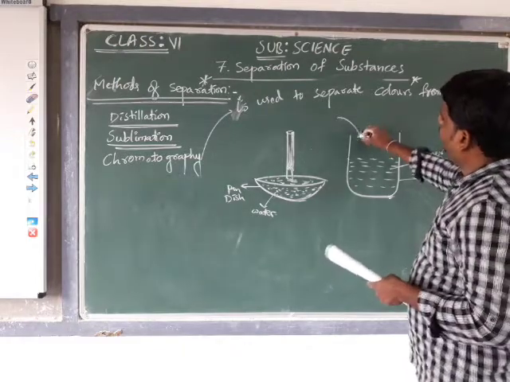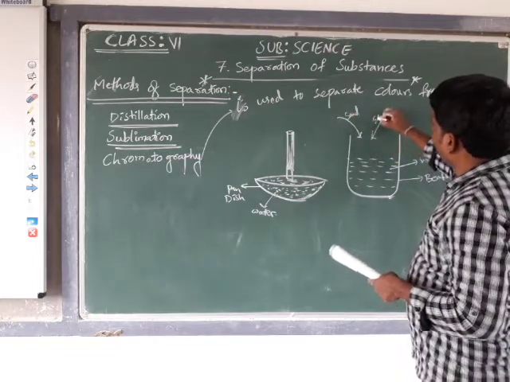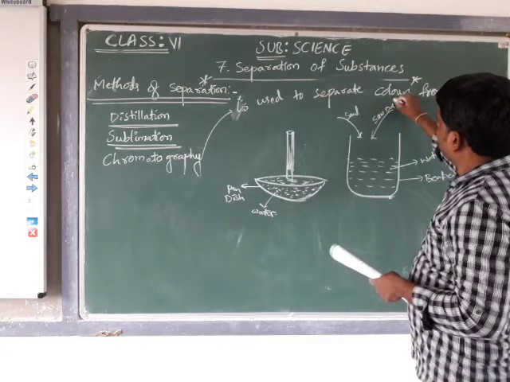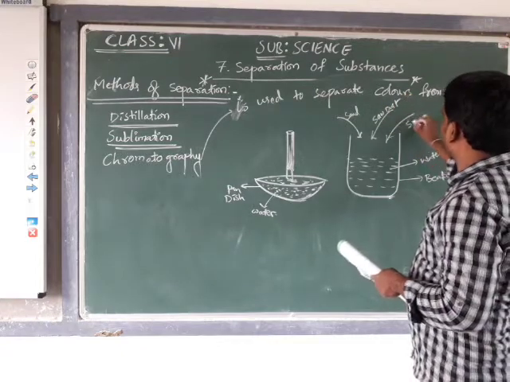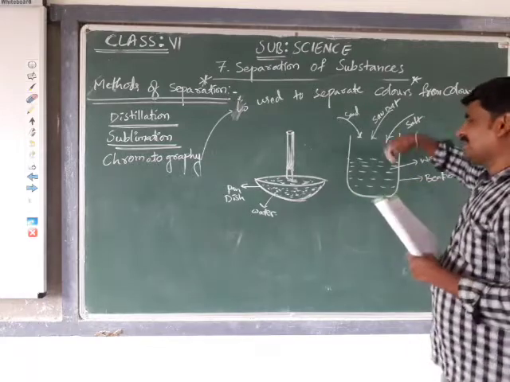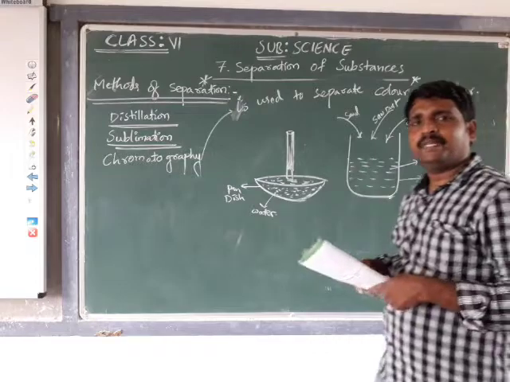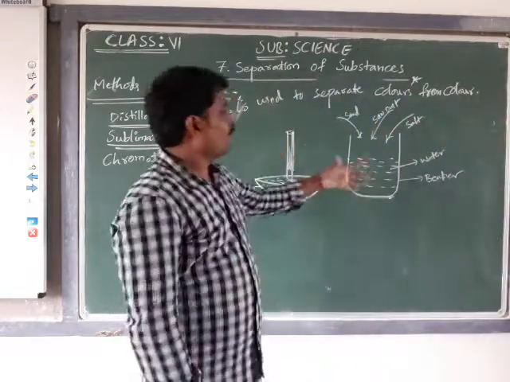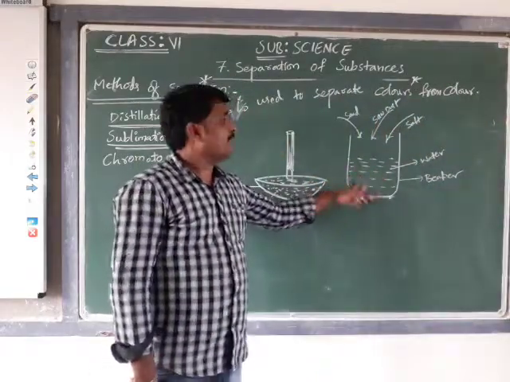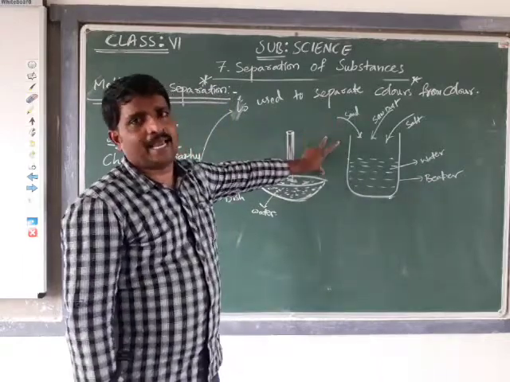To this we have to add sand, sawdust and salt. We have to stir it so that all the substances are uniformly distributed throughout the water, and this beaker should be kept undisturbed for some time.